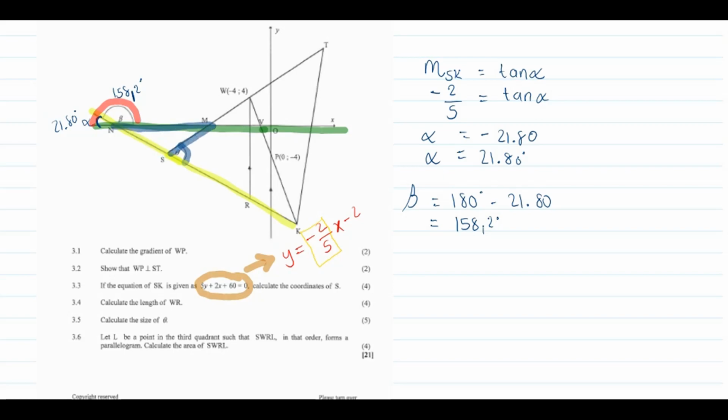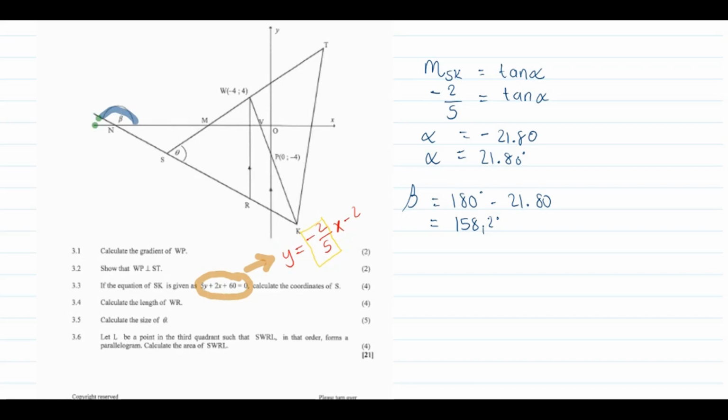And once we get these opposite angles, angle N and angle M, then we know that an exterior angle is equal to the sum of the opposite interior angles. Okay, so I'm just going to erase this and explain this to you guys again. We've already found our angle beta, and we've already found the angle there.